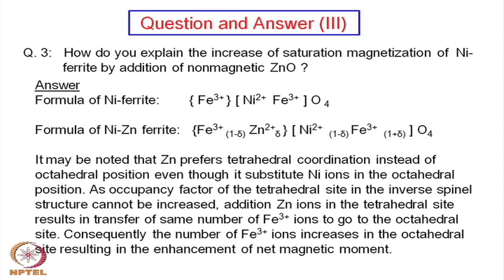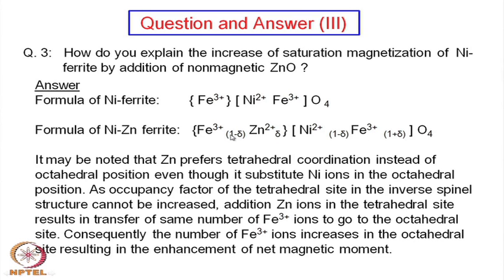But when you are substituting, it actually goes to the tetrahedral side. So, the number of zinc atoms in the tetrahedral side increases, and in consideration of that, a part of the Fe3 plus, which was 1 here, the same number of Fe3 plus as the number of zinc ions goes to the octahedral side.